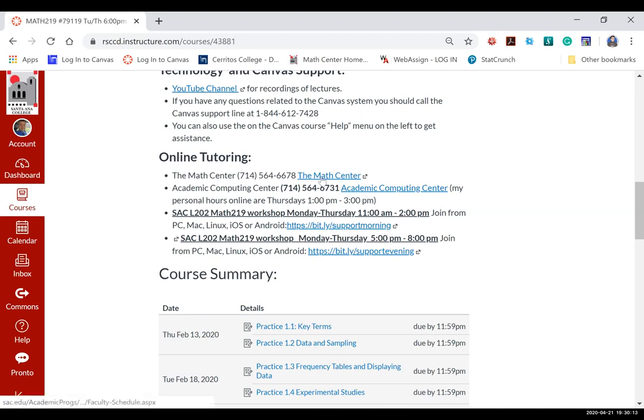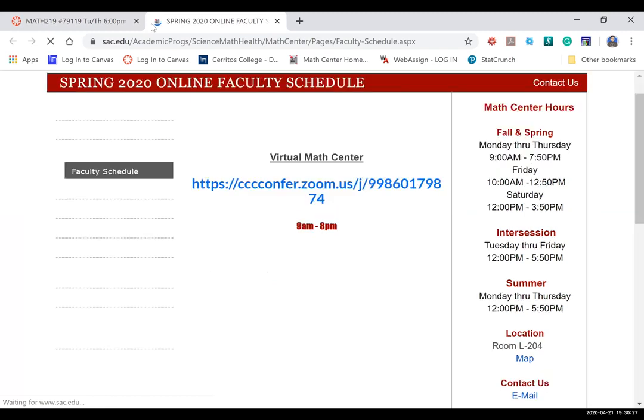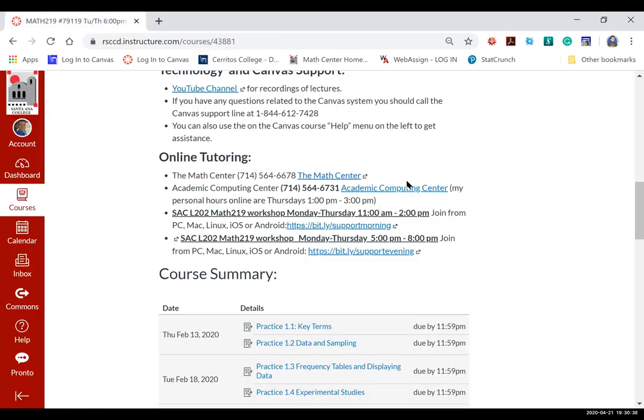So there's also the Math Center that's open till 9 p.m. every day, where you can get one-on-one tutoring through Zoom as well, and that's about it.